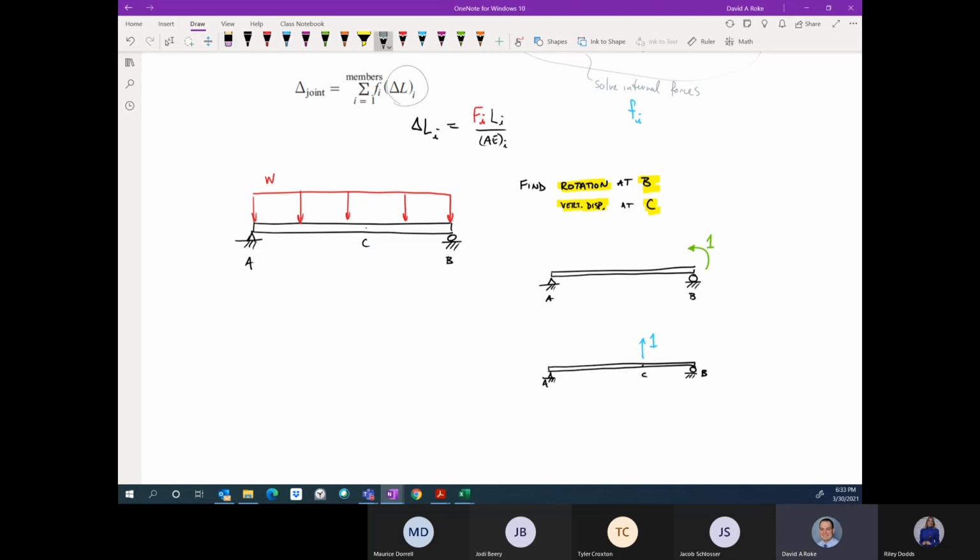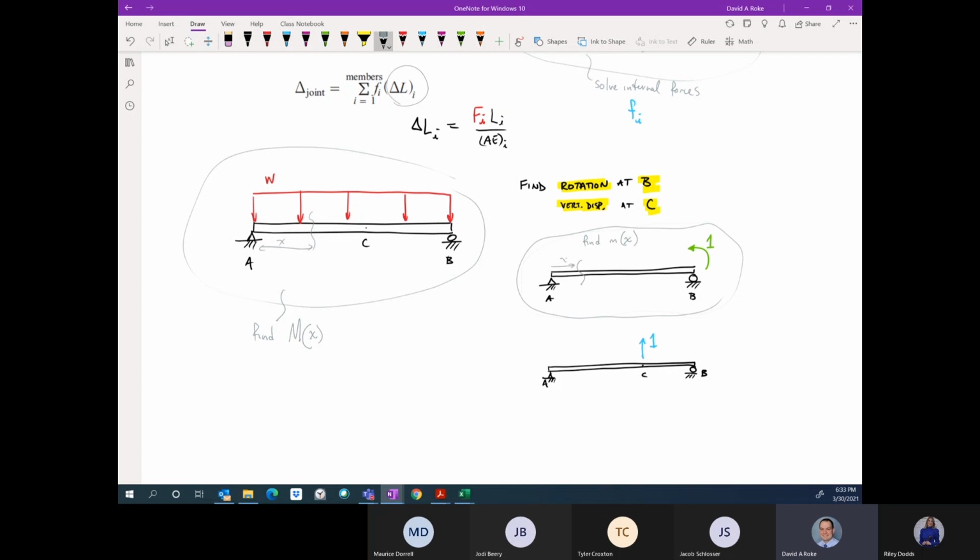And so now what you're going to do is, with this structure, you're going to find the internal moment, capital M of x. You cut the beam at some arbitrary position x and find moment as a function of x. For this rotation at B, we're going to find our internal moments, lowercase m of x.